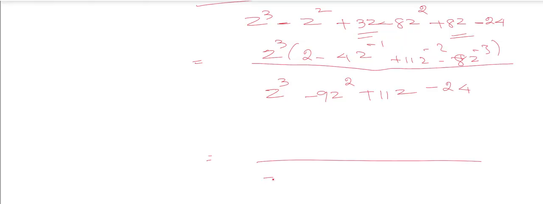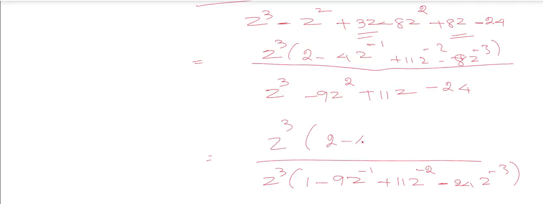Take z cube outside: 1 minus 9 z inverse plus 11 z minus 2 and minus 24 z minus 3. The numerator terms are z power 3, 2 minus 4 z inverse plus 11 z minus 2 minus 8 z minus 3. So these two terms will be cancelled.